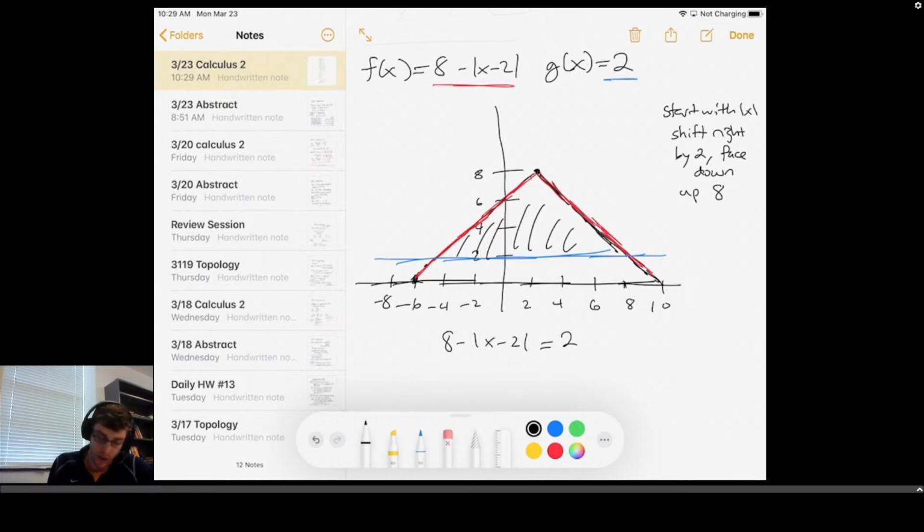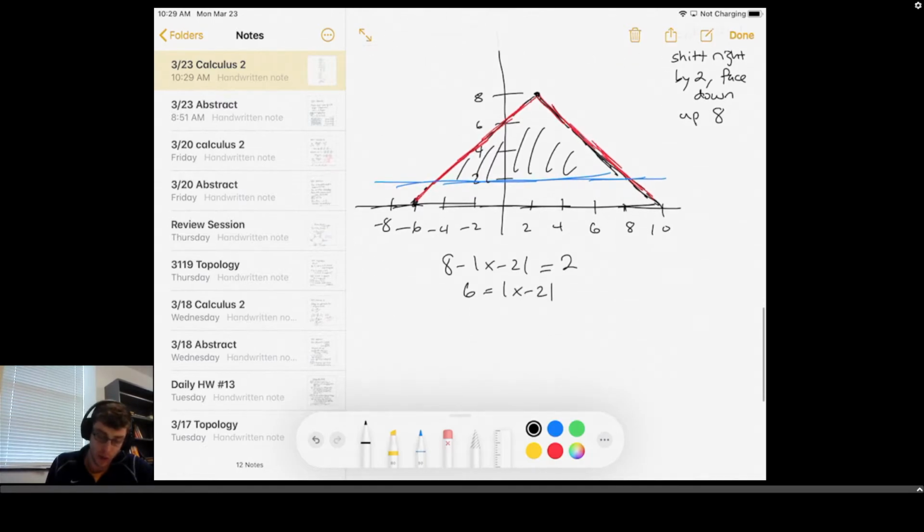Or you can do this and see when is 6 equal to the absolute value of x minus 2. And so it's either got to be positive 6 or negative 6 in here, right? So you get either x equals 8 or x equals -4. And so, I mean, this is like a little inaccurate, I guess, in terms of my drawing on the left part. But yeah, this would be the integral from -4 to 8 of f minus g.